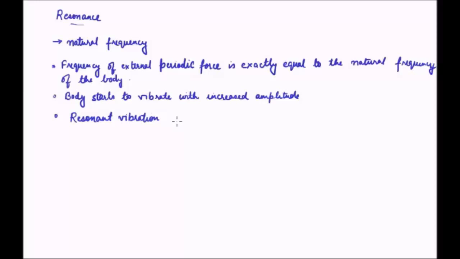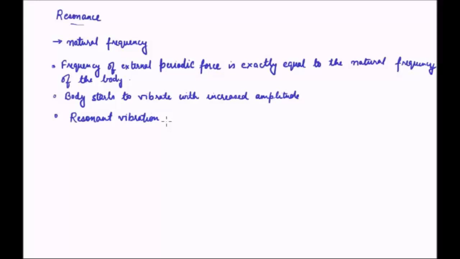Third, the vibrations are in phase with the external periodic force. What does in phase mean? As in the case of the swing, whenever you are about to go down, the friend is pushing you further down. So they are in sync, in phase.